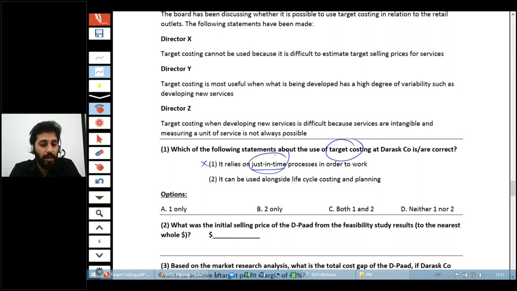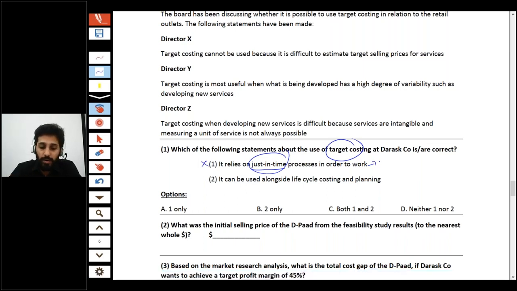So just in time says produce the raw material when there is demand. All right, so just in time is the concept focused on by throughput accounting.